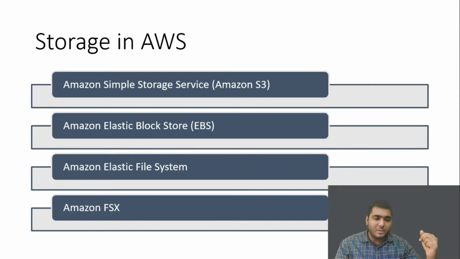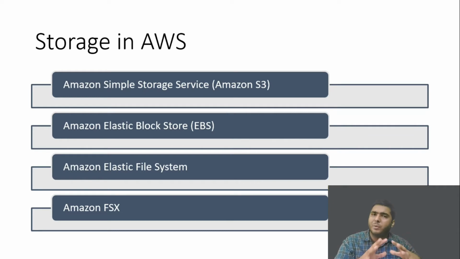Storage in AWS. We have four options available in AWS for storing. First is Amazon Simple Storage Service, which is known as S3. This is one of the fundamental services of AWS that has existed since the beginning of AWS's launch. You can use it for uploading documents and media files.